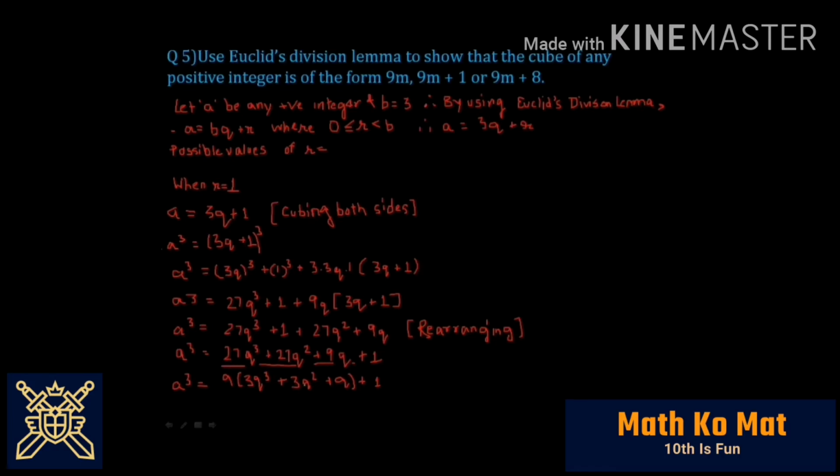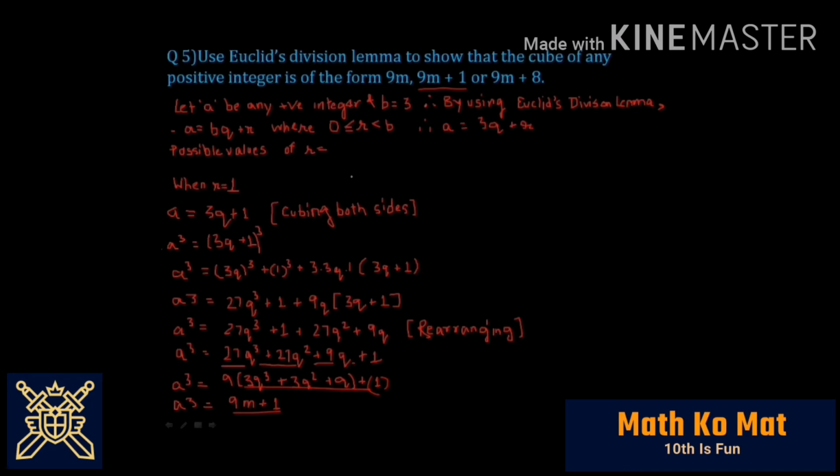And 9 divided by 9 would be 1, so plus q. Now you can write all these expressions as m. So a cube is equal to 9 into m plus 1. Hence we have got the second value also, that 9m plus 1 is equal to a cube.